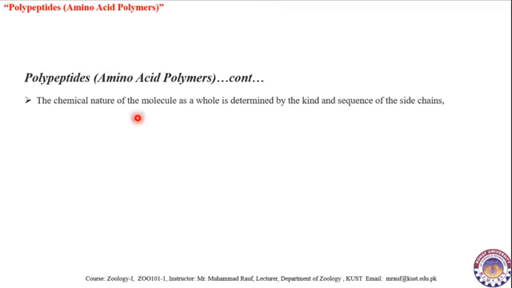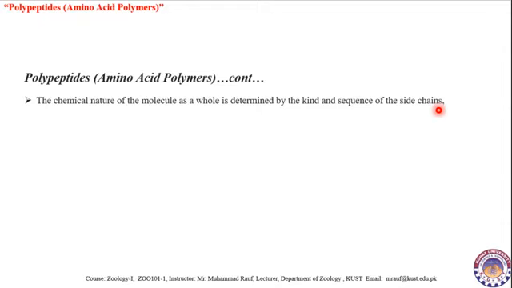The chemical nature of the molecule as a whole is determined by the kind and sequence of the side chains. We have already discussed in our previous lecture that the side chain or the R group of each amino acid is unique, and it gives characteristic properties to that amino acid.